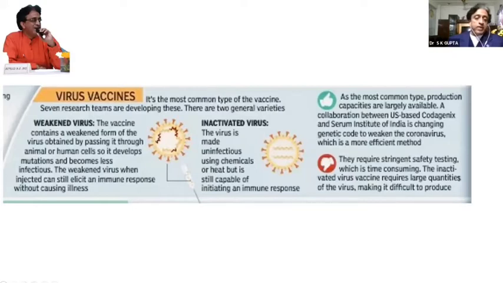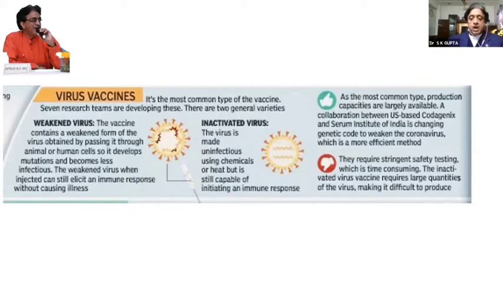A good number of vaccines in the current scenario belong to the inactivated virus vaccine. The live attenuated vaccines are pretty few in number because they require stringent criteria; in case the virus goes in such a manner that it is able to produce a disease, it may create havoc. But these vaccines have a limitation because a large number of viruses are required to be cultured and produced.